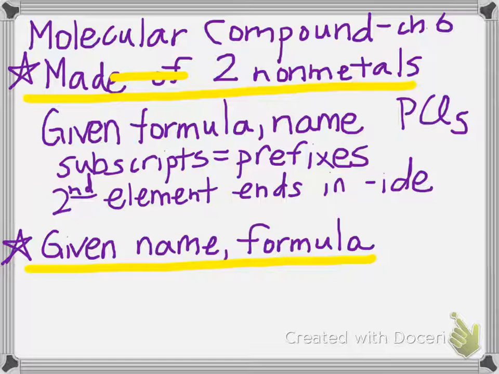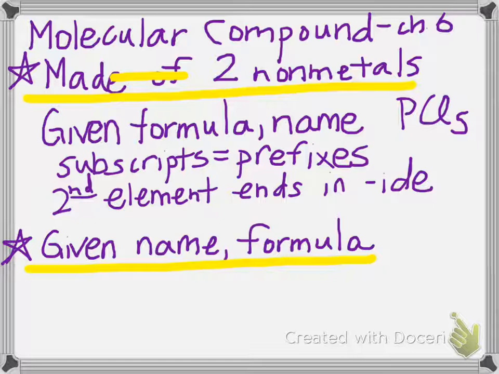So coming back to this example over here, the PCl5, because there's no subscript here, we can use mono, or remember we can leave mono off on the first element. And the 5 means penta. So this is monophosphorus pentachloride, or we can just call it phosphorus pentachloride. Either works. Okay?